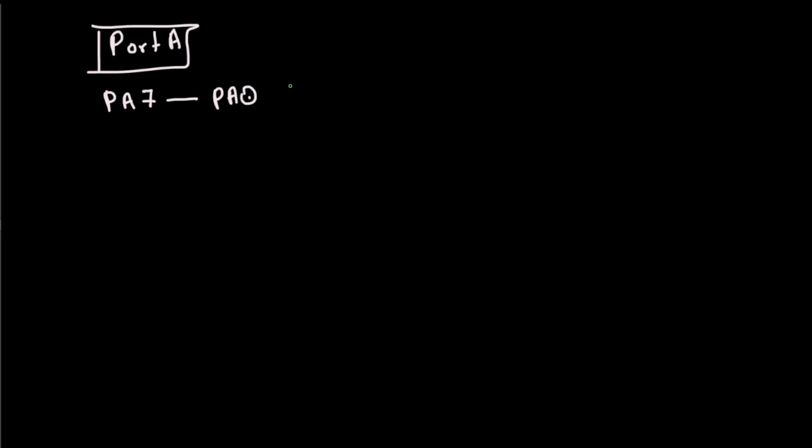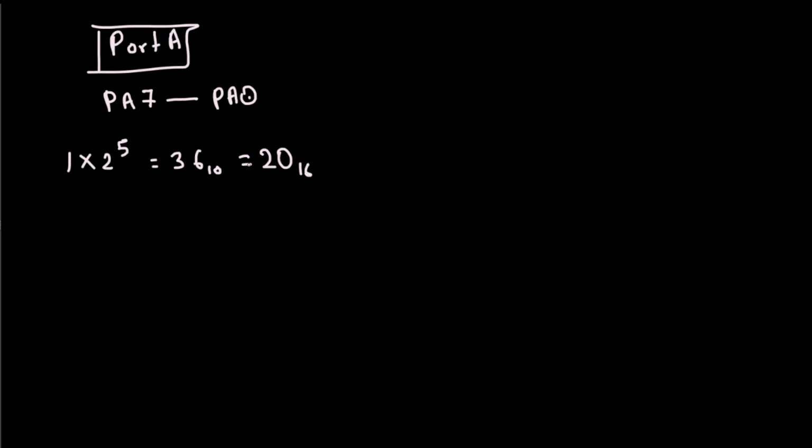Based on that, you have to decide what value you're going to load. In this case it is PA5, so you put 2 to the power 5, which is 32. This comes in the code as the value you load, 32 in decimal, and in hexadecimal that is 20.